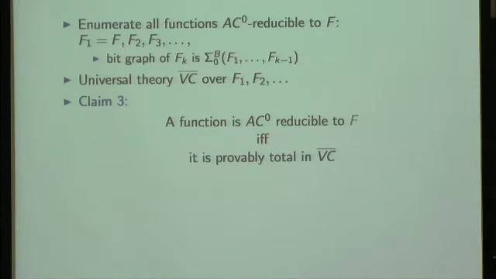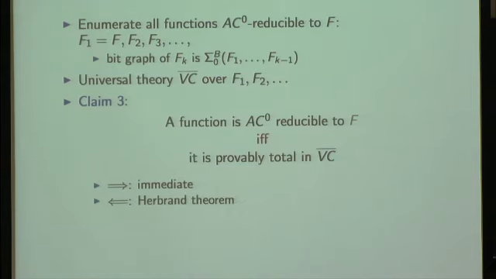This is not hard to prove. For one direction, suppose that we have a function in the class. Then it already appears in the list, so it is a symbol in our theory, and it is provably total.